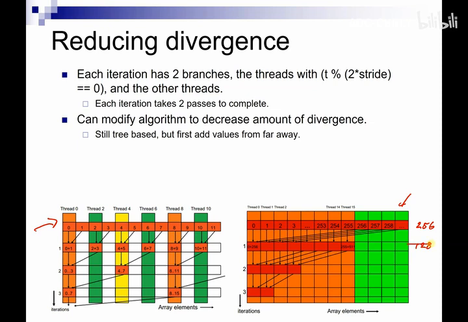So now the stride distance is 128, and that reduces these 256 numbers down to 128 numbers. Next, you pair threads which are distance 64 away. So the stride is reducing by a factor of 2 each time, as opposed to the previous one, where it was increasing by a factor of 2.